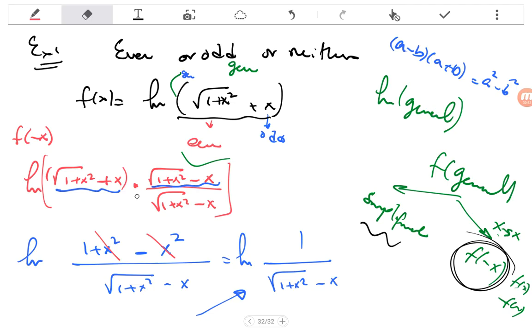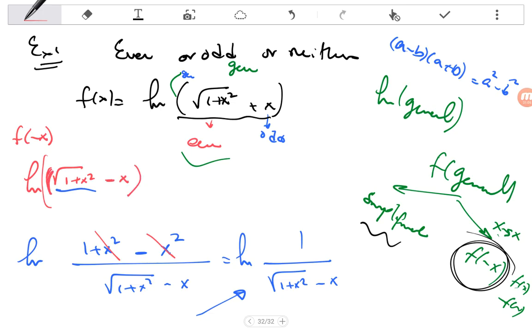In this case, I'll just rewrite it. So f of negative x will just be ln of 1 plus x squared minus x. This expression may seem not equal to f of x or minus f of x, but if you multiply by the conjugate in the numerator and the denominator like this, that will be plus.